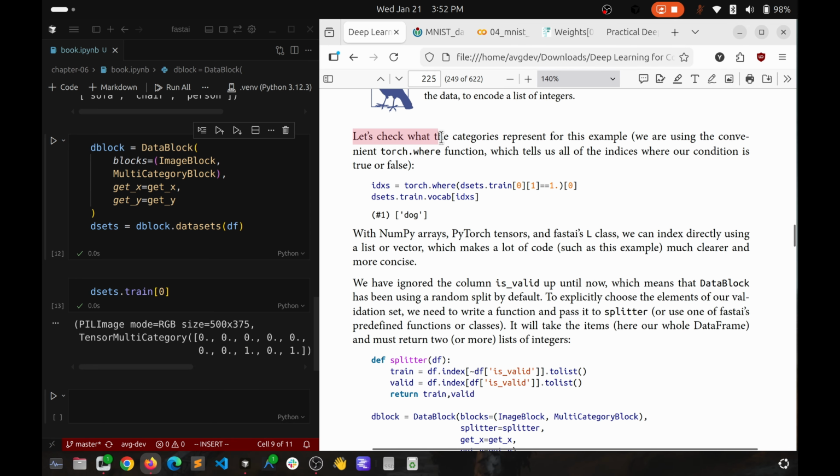Thanks. So let's check what the categories represent for this example. We are using the convenient torch.where function, which tells us all the indices where our condition is true or false.